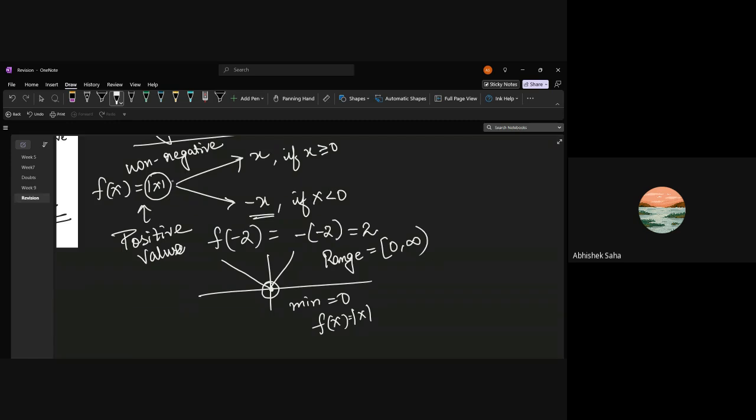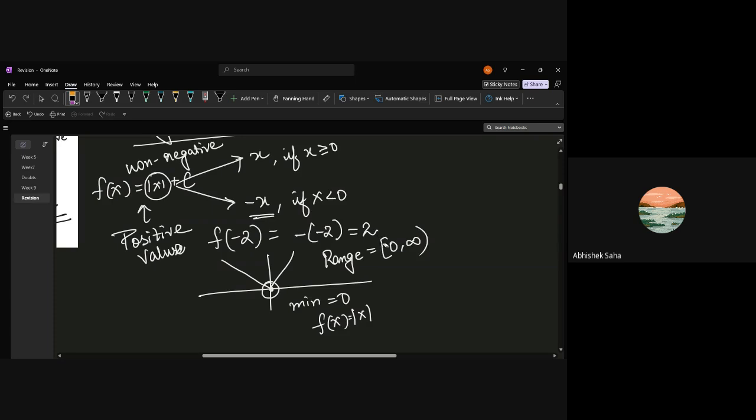If I add something in this, suppose some constant number c, what will be the minimum value of this function, or what will be the graph? It will be shifted by that constant, in the y-axis.